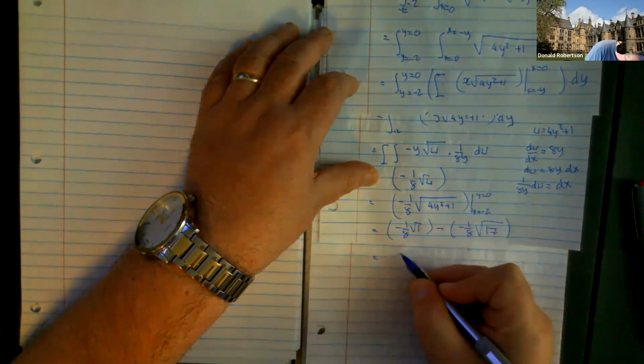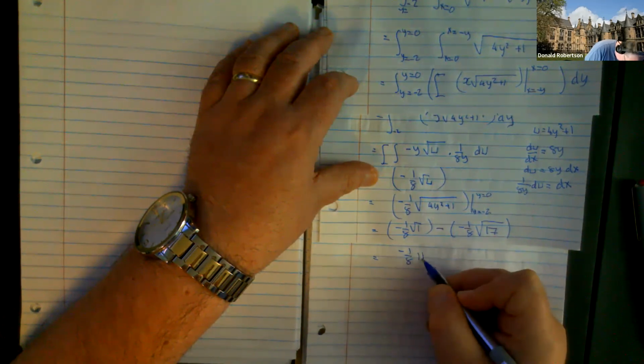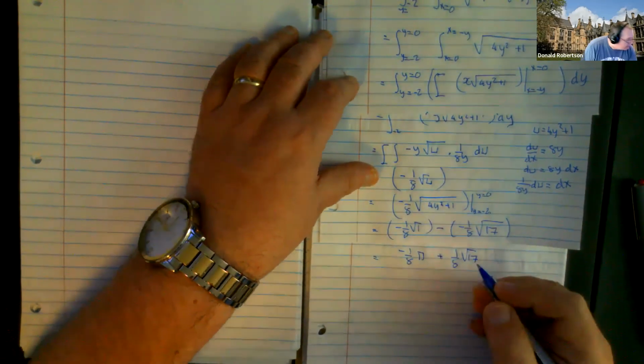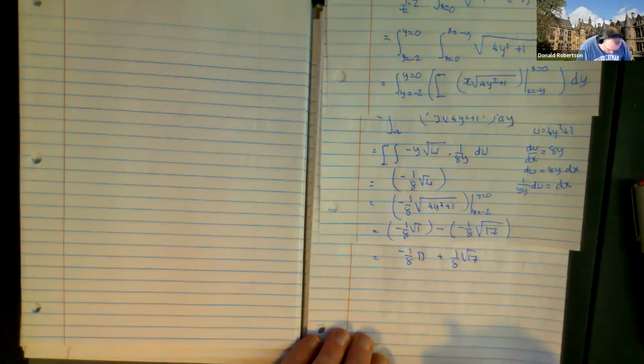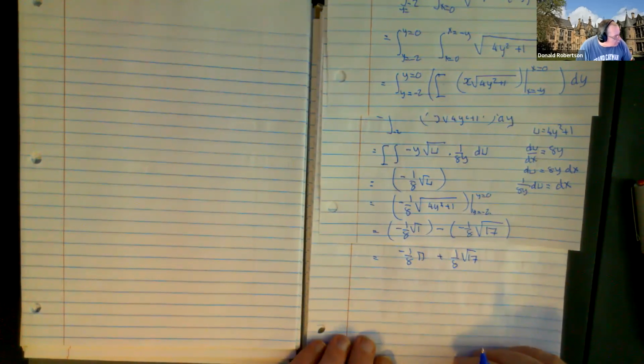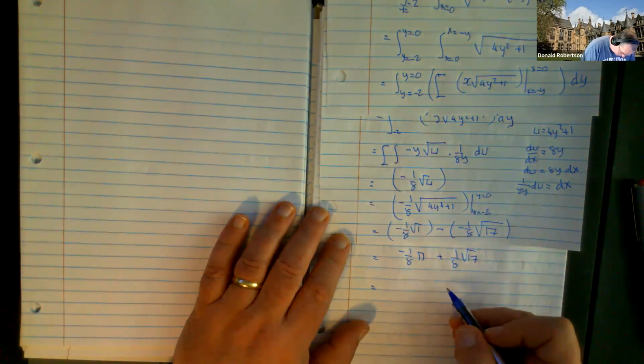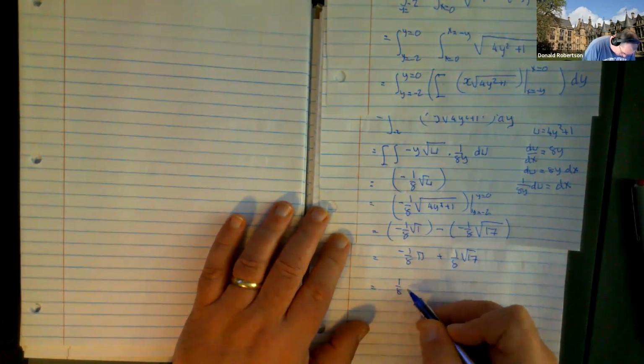And so that's -1/8 pi plus 1/8 square root of 17. And that gets me 1/8 square root of 17 to take away pi.